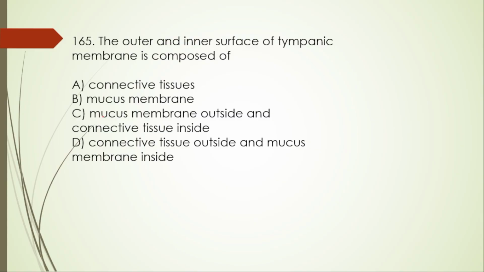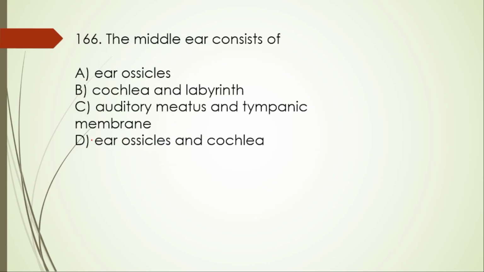Next, 165. The outer and inner surface of the tympanic membrane is composed of: A. Connective tissue, mucous membrane outside and connective tissue inside. D. Connective tissue inside and then mucous membrane outside. So here the right option is option D. Next, 166.